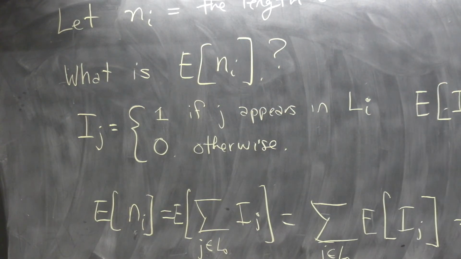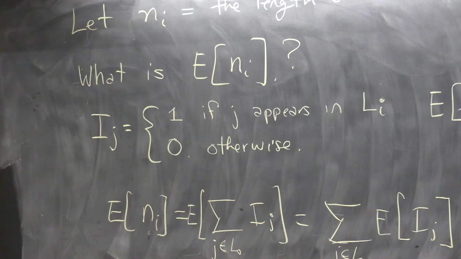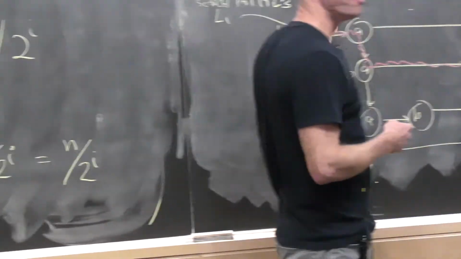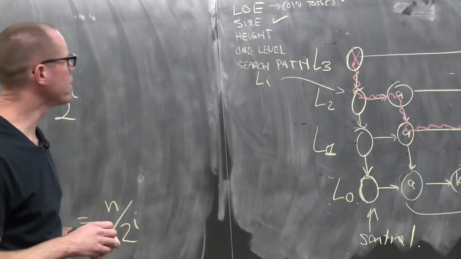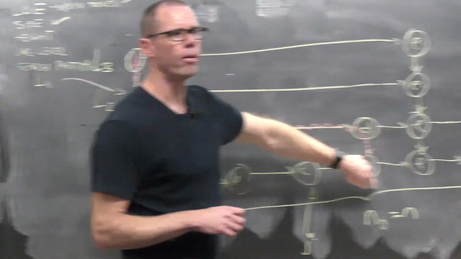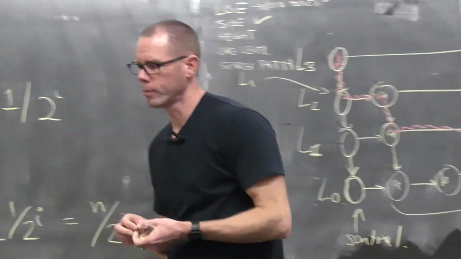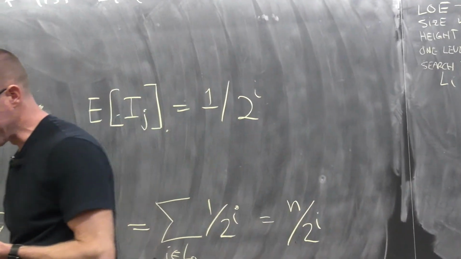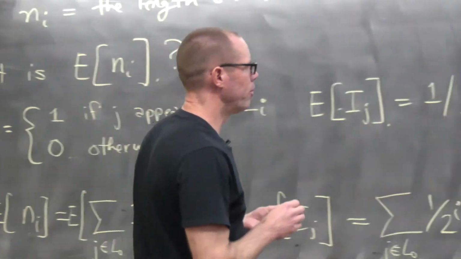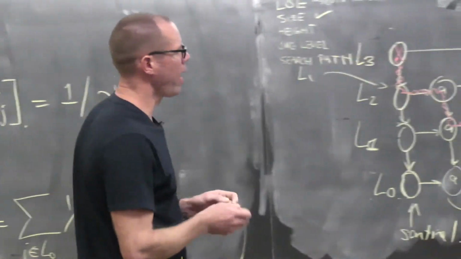The search path has two components. Sometimes the search path goes down, and sometimes it goes to the right. So the first thing we'll study is how many times we expect this search path to take a step down. Well, we kind of know that in advance.